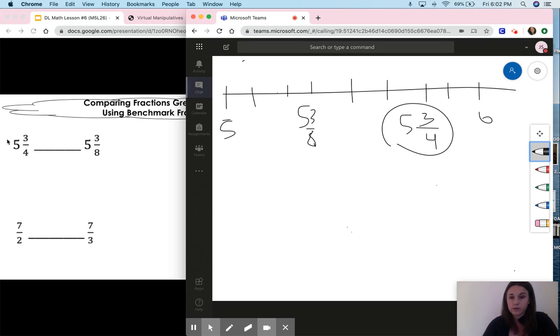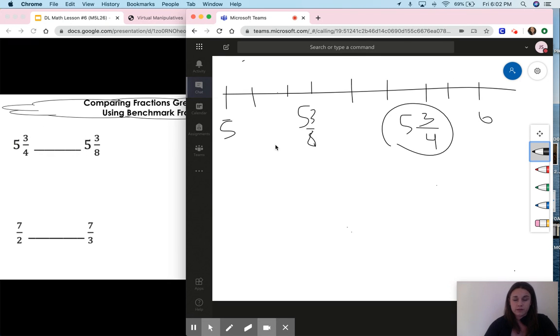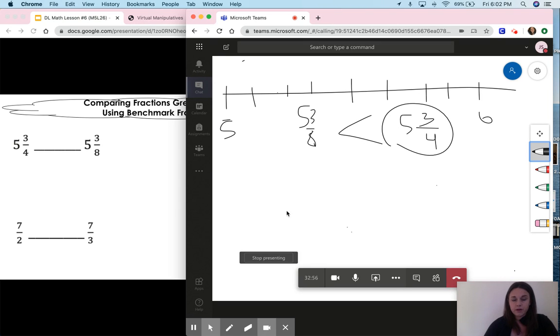That's another way that we used to compare fractions before. So which one is bigger? I can't draw in here, but your arrow should point to the 5 3/4. Good. Okay. Next one. Last one.